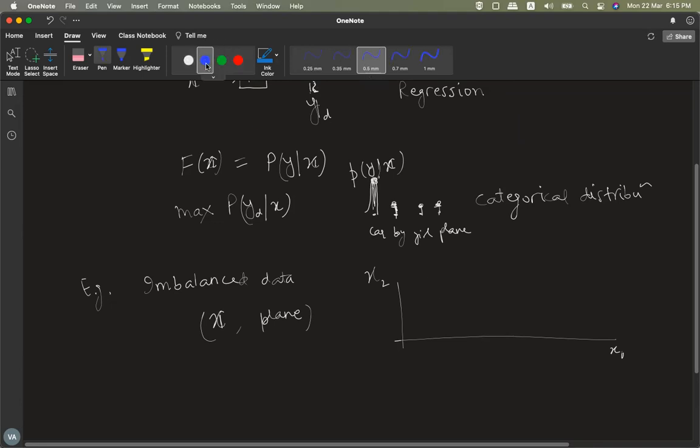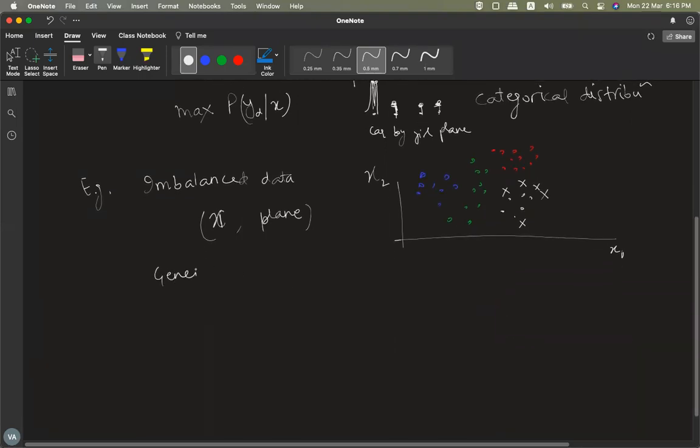These are roughly my samples for one class, these are my samples for another class, and these for another, and these for another. But let's say these plane samples are very few in number. So what I can do is generate more samples. How can I generate more samples? By sampling from the distribution of this class.